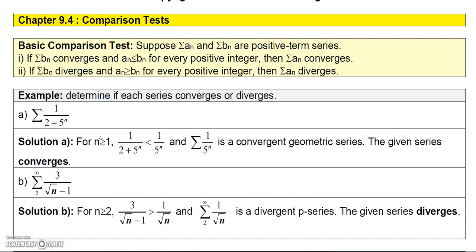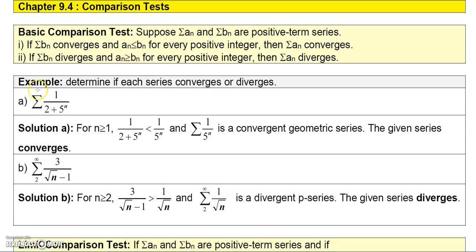So the hard part sometimes is figuring out, finding the right series. Okay, so here the series is 1 over 2 plus 5 to the n.